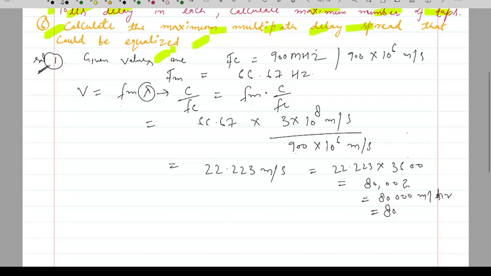If we convert this meter into kilometer, then 1000 meters is a kilometer, so 80 kilometer per hour. So the maximum mobile velocity is 80 kilometer per hour when it observes the Doppler shift of 66.67 hertz. So this is the solution for the first part.